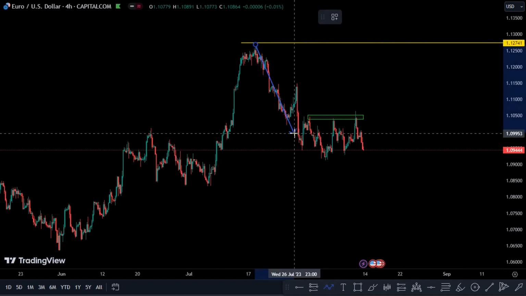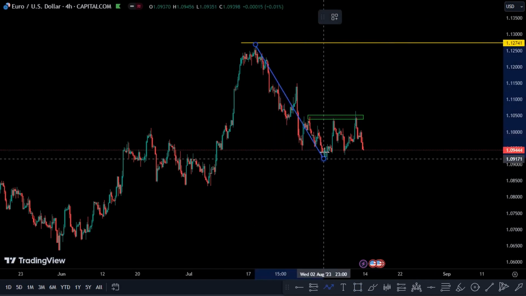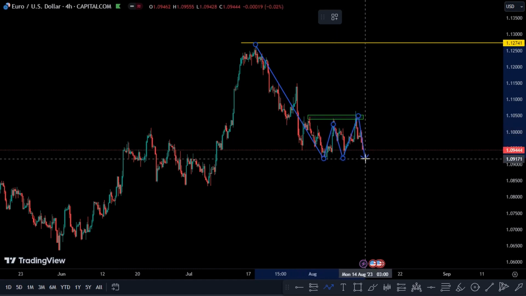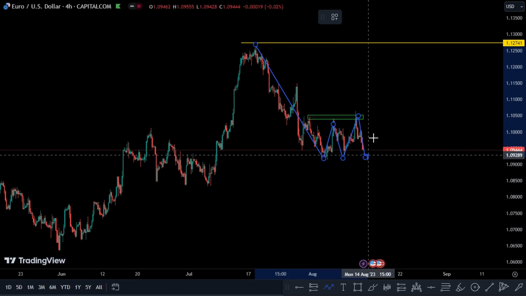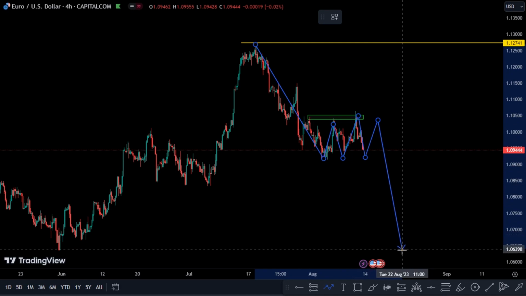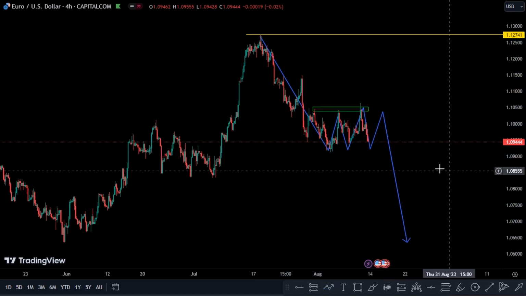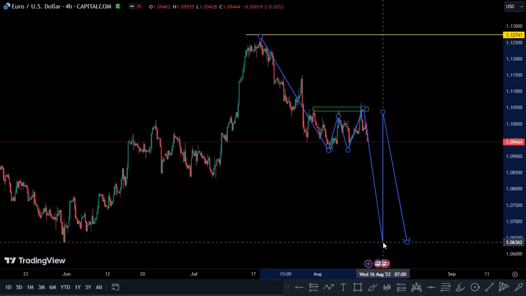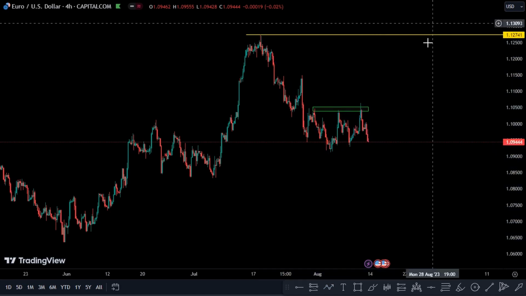We had an impulse, and then a consolidation here, and then as we are pushing here, we can potentially respect the structure, then come back here, and then a further push to the downside all the way to the structure, or we can just simply push from here all the way to that structure right there.